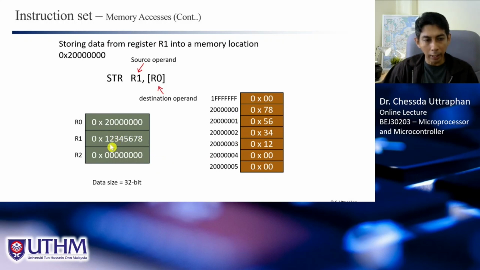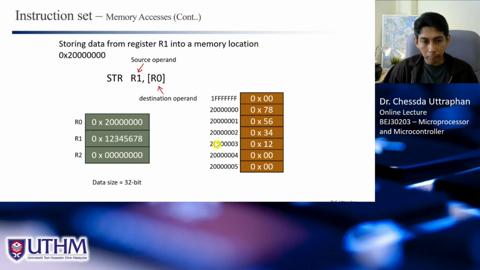You need 4 bytes, right? 1, 2, 3, 4. So these 4 bytes are the data from here. You need 4 memory locations, from location 20000000, 1, 2, until 3.